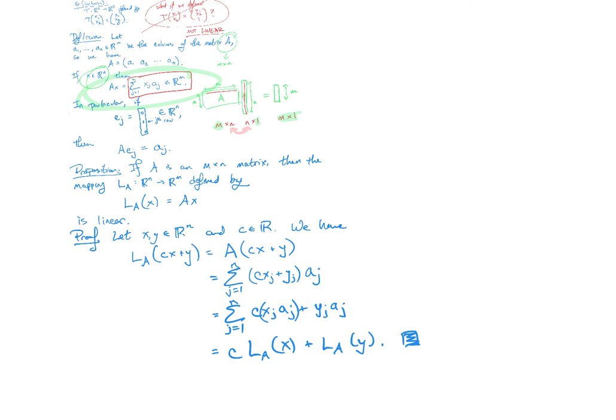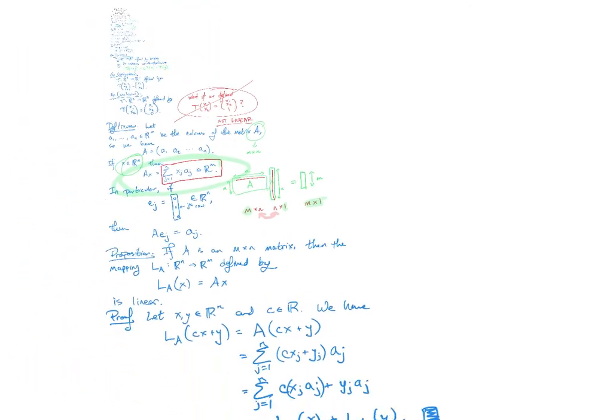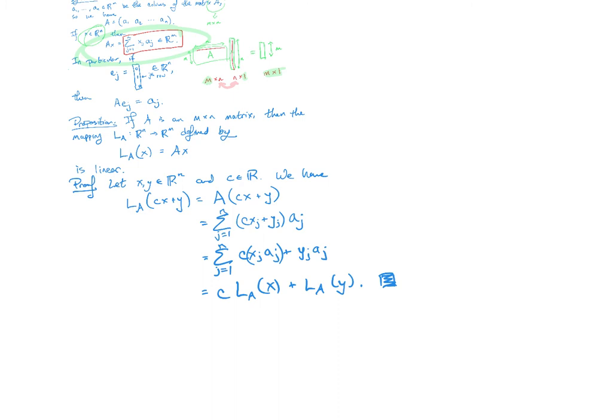Again, let's go back to our picture. I will copy it down here again. Let's do it in green. This is our matrix A. And again, this is M, this is N. By the way, we're always going to be mapping from Rn to Rm.